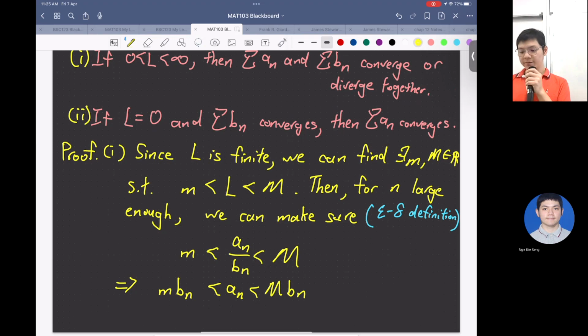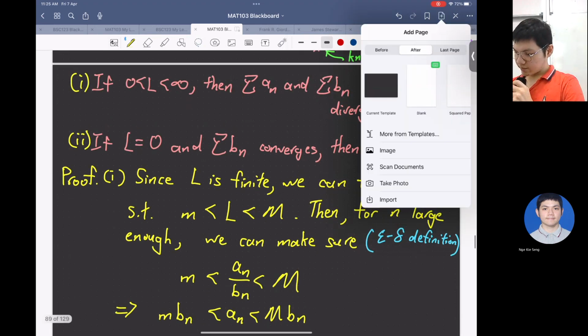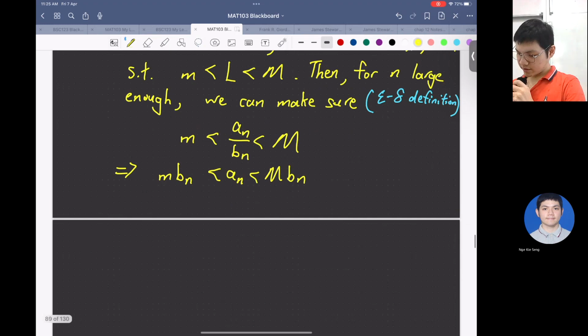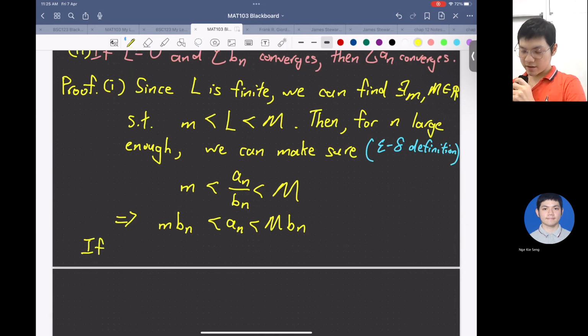So in this case, if the infinite series of bn converges, then a scalar multiple of bn also converges. There are two steps here. If the infinite series of bn converges, then a scalar times your series also converges, right?